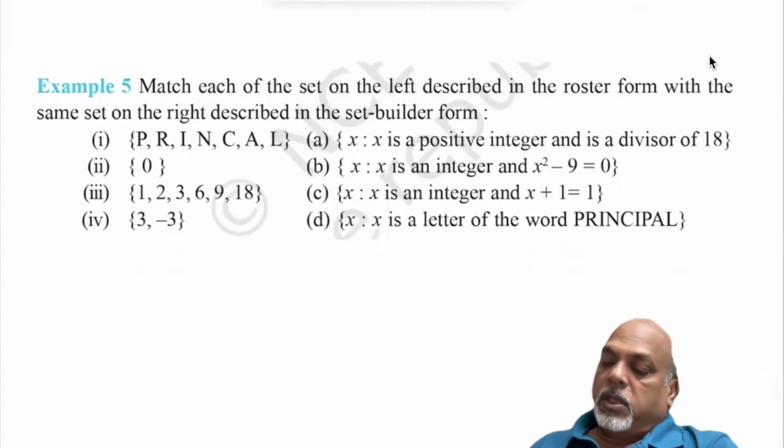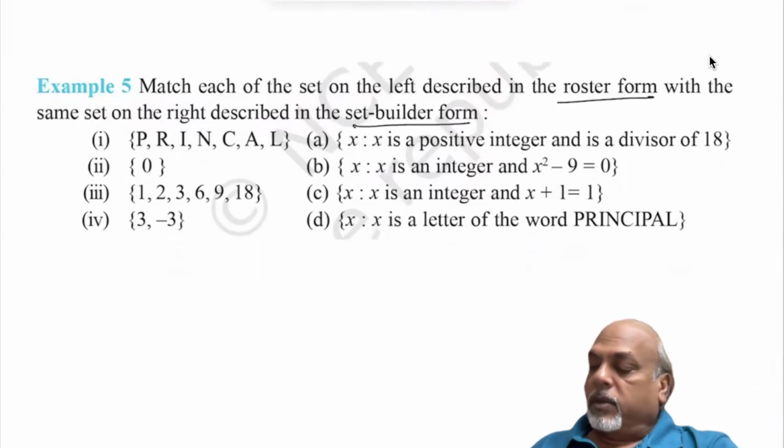Now match each of the sets on the left described in the roster form with the same set in the set builder form. So you have to match this. Basically, these are all the alphabets, so this is matched here. There is no problem.